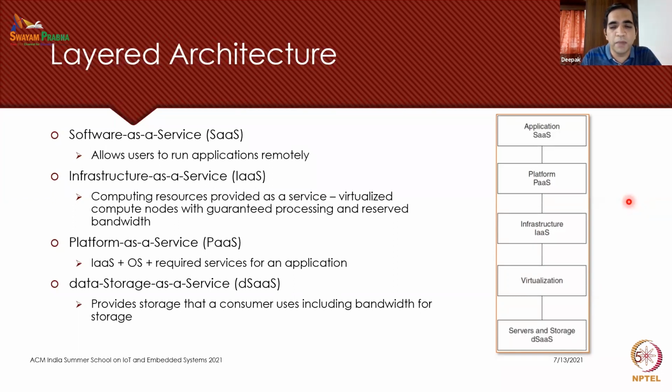Based on what kind of services you require, cloud computing has a layered architecture, and you can find different kinds of services provided by different layers in this architecture. If you look at it, there are primarily three layers to it, but you can also have some extra layers that we look at.